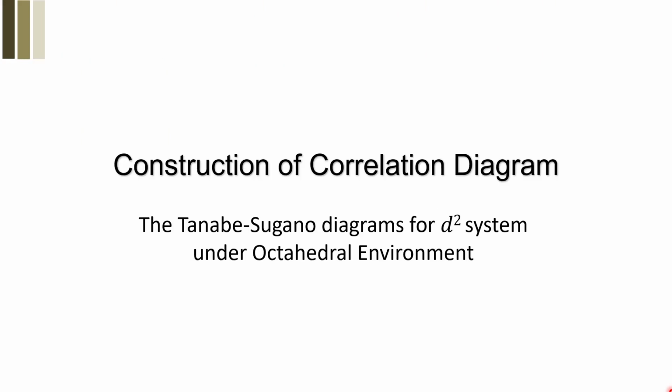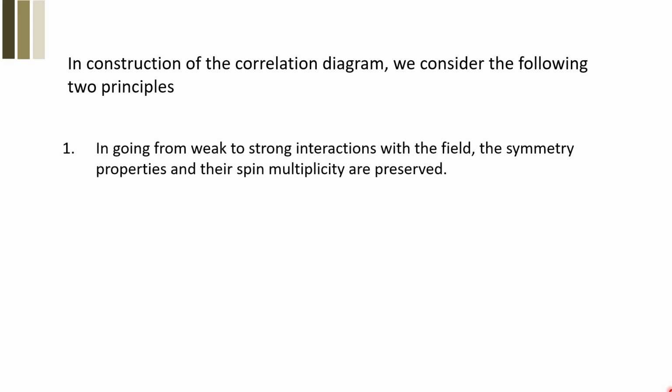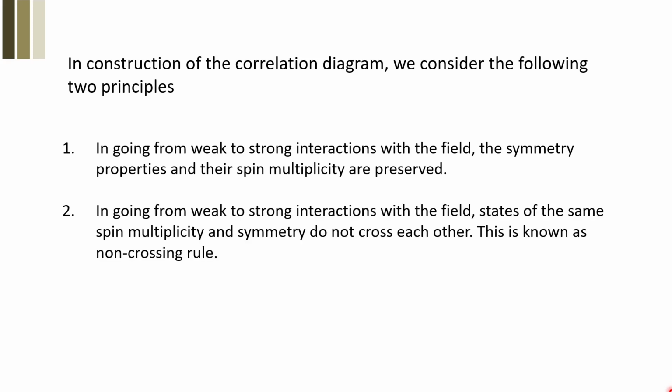Yes, proceed. In the earlier videos we have studied, and now we are trying to establish the fact that the construction of the correlation diagram is based on two major principles. First, in going from weak to strong interactions with the field, the symmetry properties and their spin multiplicities are preserved. That means the same symmetry with the same spin multiplicity are to be joined. And number two, in going from weak to strong interactions with the field, states of the same spin multiplicity and symmetry do not cross each other.